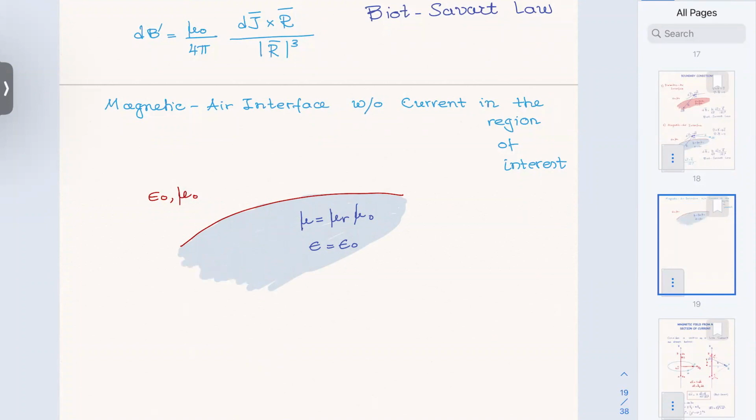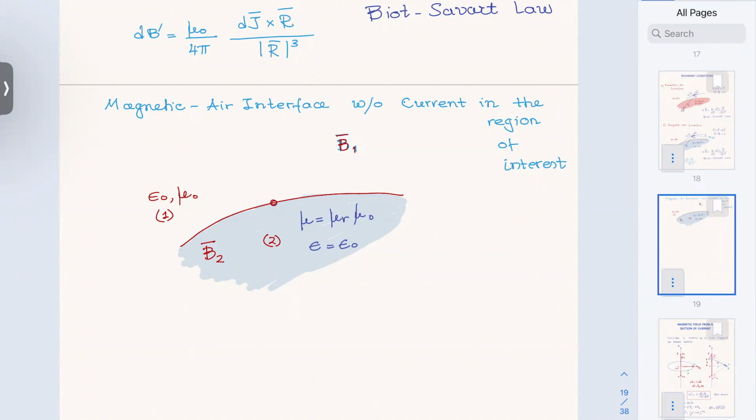Okay, so now let's assume that there is here a magnetic field B1, and then I will call this space 1. And then I will call this space 2, which is the magnetic. And then B1 is here, the field in this region, and B2 is the field in the magnetic material.